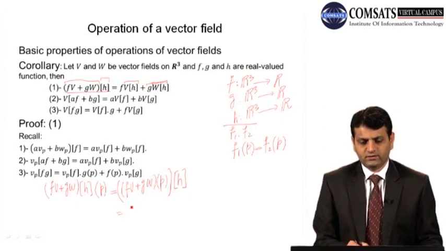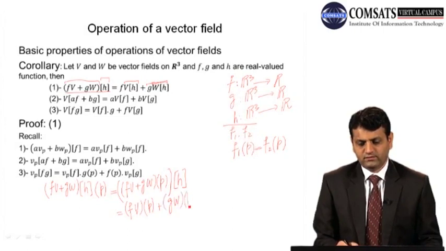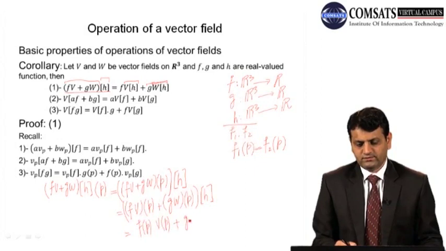So this is equal to (fv of P plus gw of P) applied at h, which is equal to (f of P v of P plus g of P w of P) applied at h.